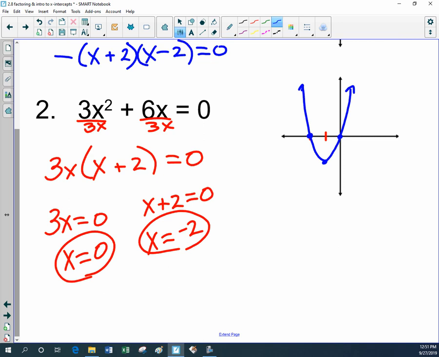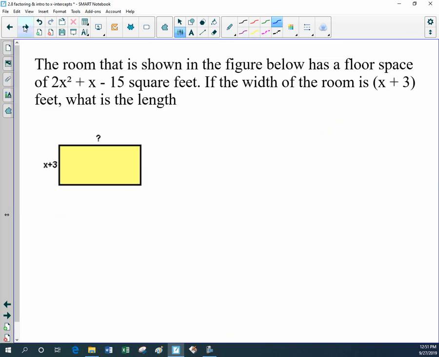Okay. All right. And then this problem here says the room that is shown in the figure below has a floor space of, so basically this is the area of the rectangle. And it tells us that the width is x plus 3. And we're trying to find the length.